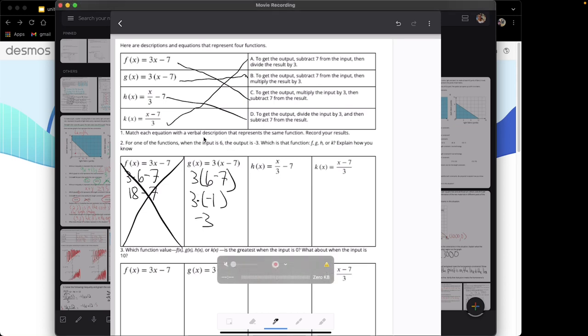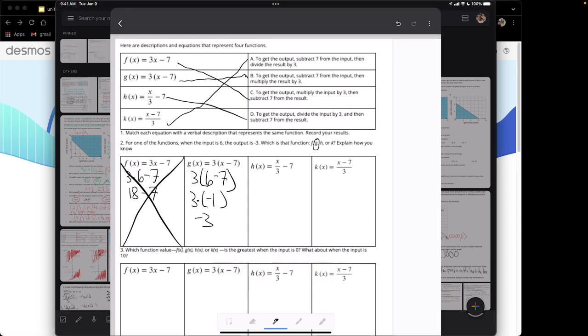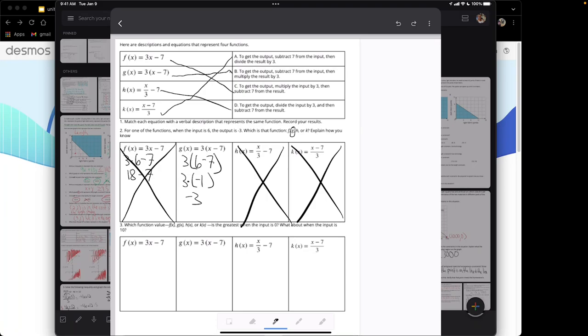That's what we're looking for. For one of the functions, when the input is 6, the output is negative 3. So that happens in function G. So G is the answer for number 2. F, H, and K are not the answers. Okay, so that is number 2.